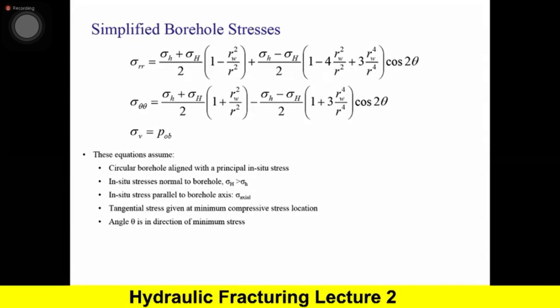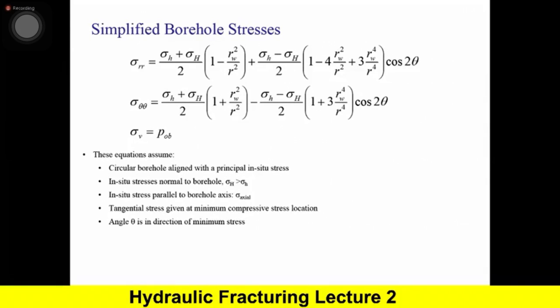Everyone get a piece of paper and follow what I'm saying. At R equals R_w, I have sigma H plus sigma H max minus, this is 1 plus 3, which is 4, then it becomes a minus.